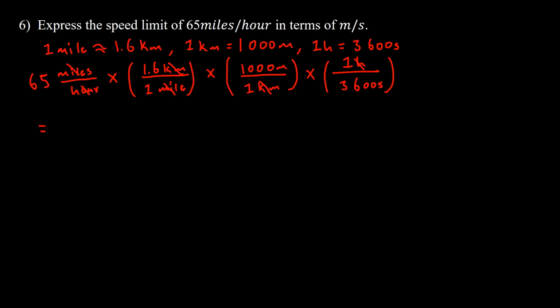So you have 65 multiplied by 1.6 and then multiply it by 1,000 meters, and then divide by 3,600 seconds. So 65 multiplied by 1.6 and then multiplied by 1,000.